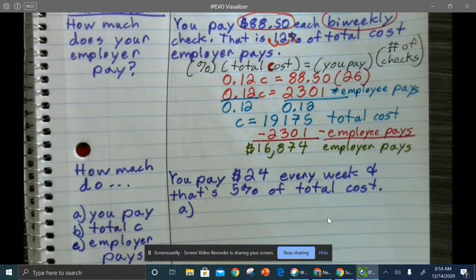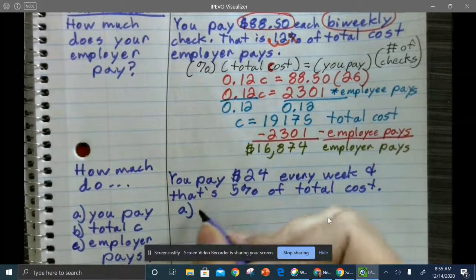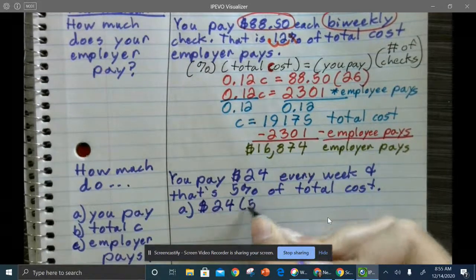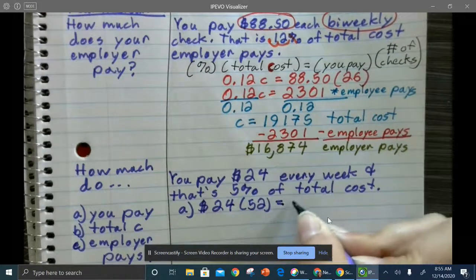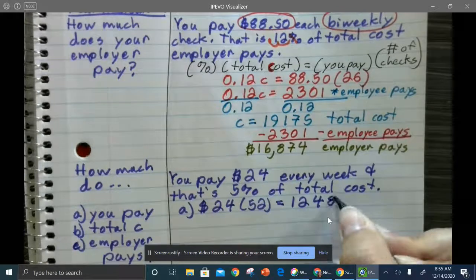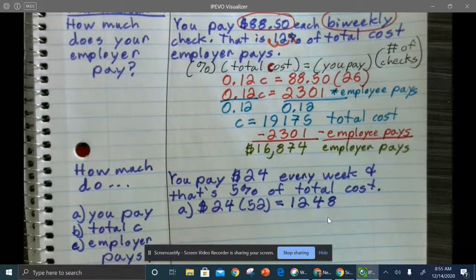Okay, so let's break it out to everybody. So it's going to be 24 times 52. So that's 1,248. Okay, that's your cost, everybody.